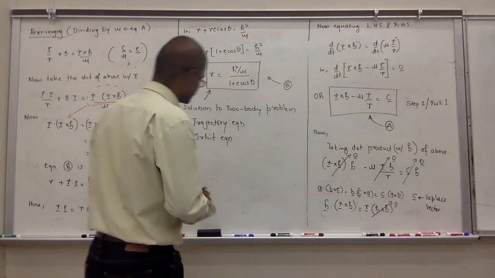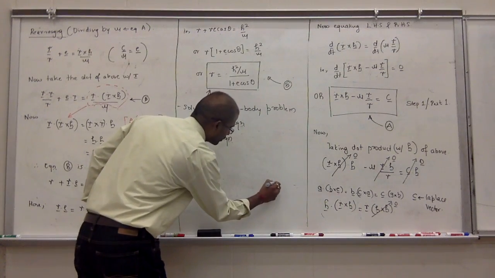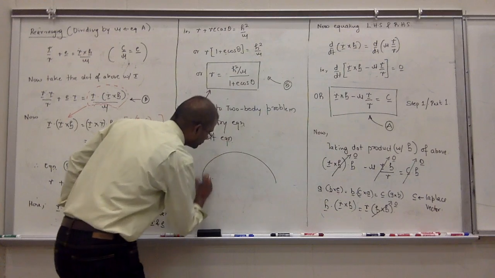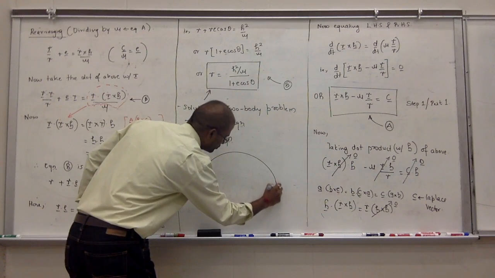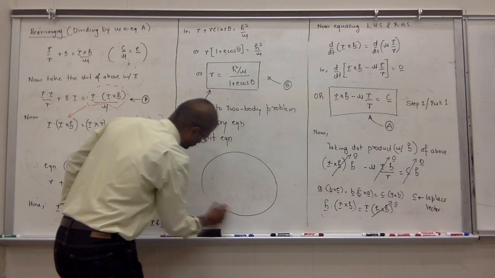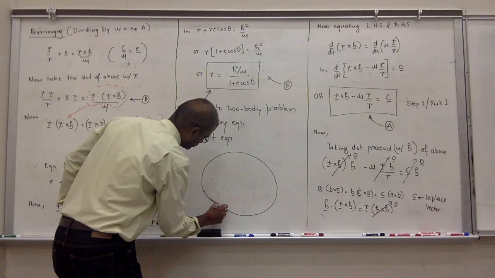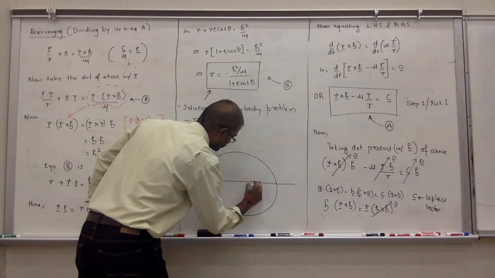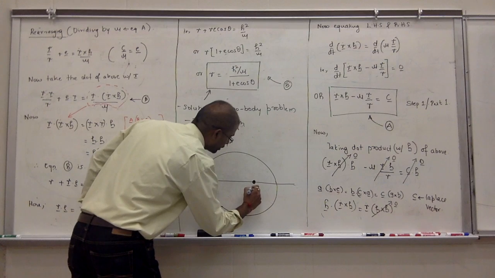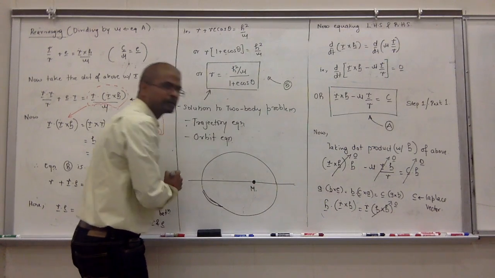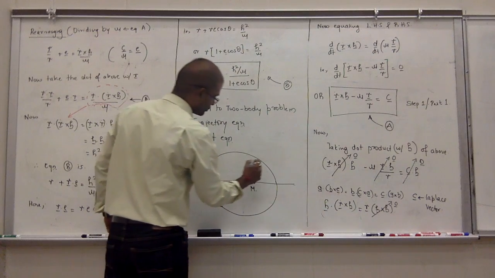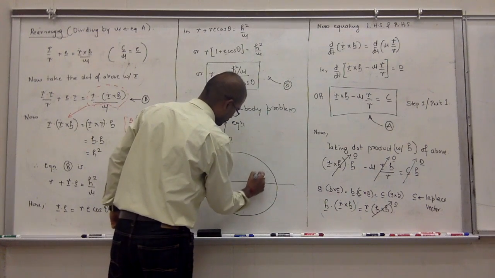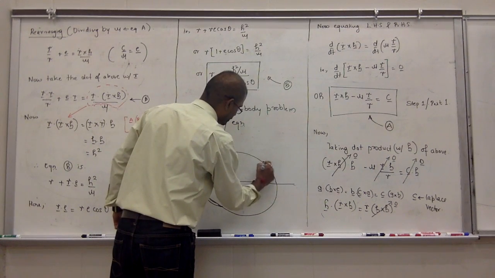We'll use this figure often. This is where your central body is, the capital M. And let's denote the orbiting body by small m.